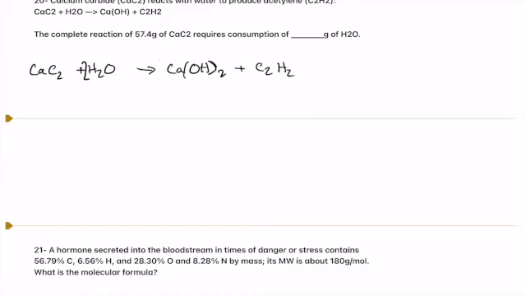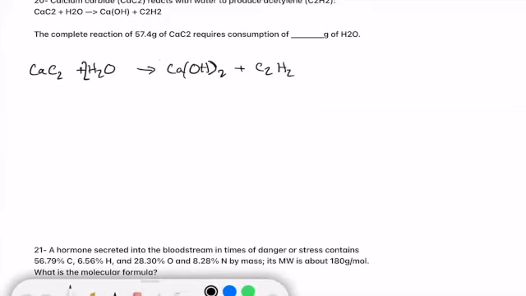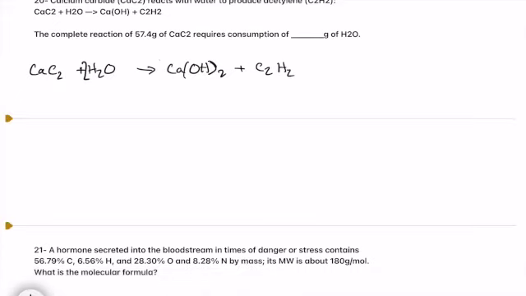Moves us on here to 20. In 20, first thing we need to do is balance the equation. I've taken the liberty to do that. We need to complete the reaction of, or the complete reaction of 57.4 grams of CaC2 requires consumption of how many grams of H2O?